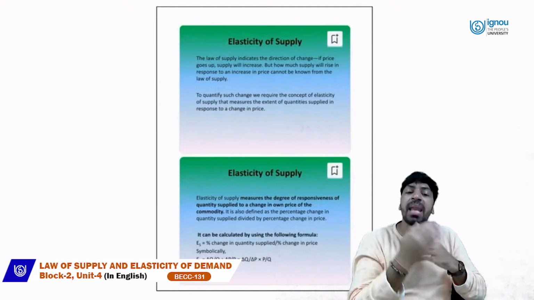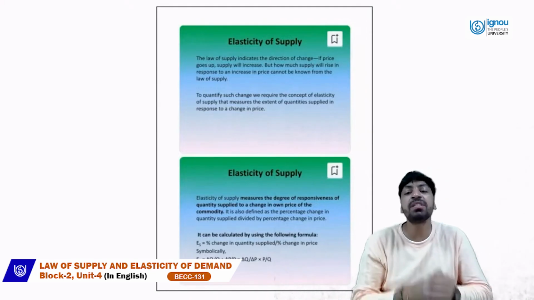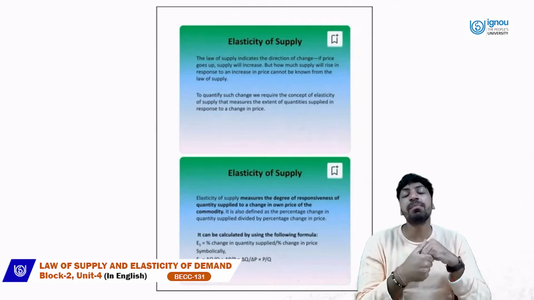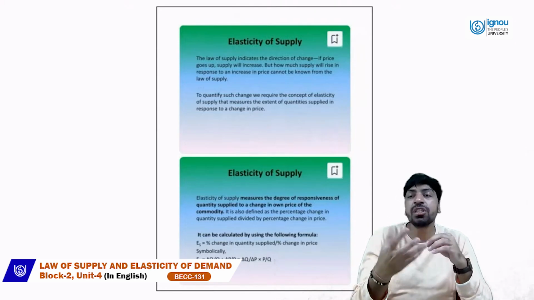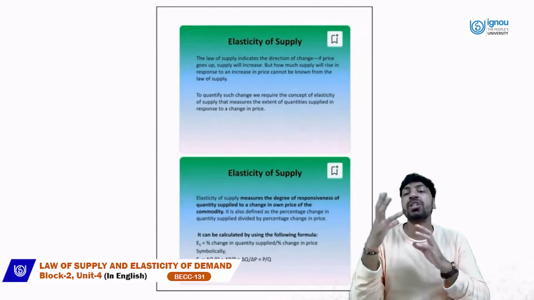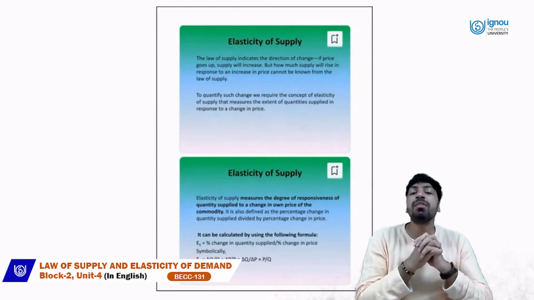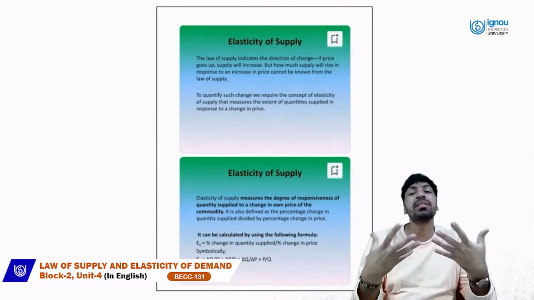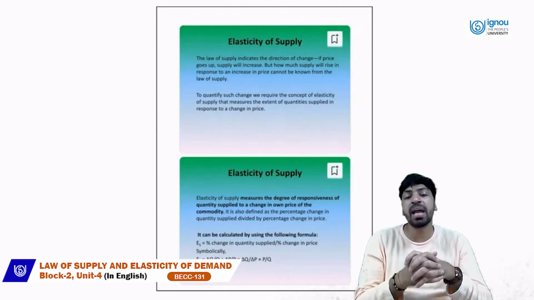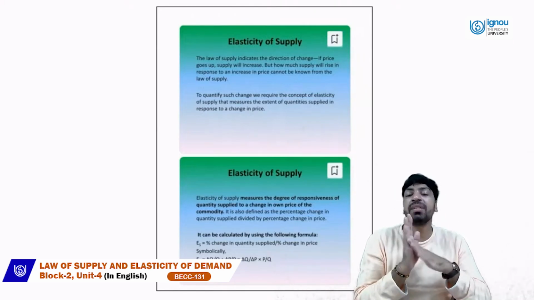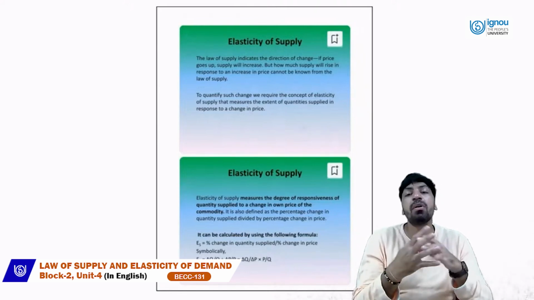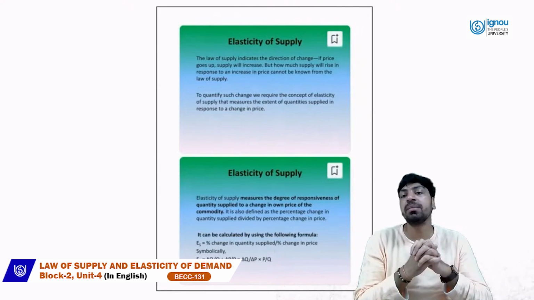But when we apply the elasticity of supply, it measures how much the quantity supplied would change according to the change in the price level of a particular commodity. The concept of elasticity of supply will apply when we talk about the measurement of the supply in response to any changes in the price.